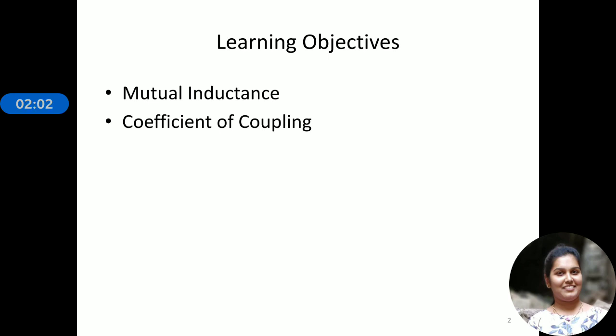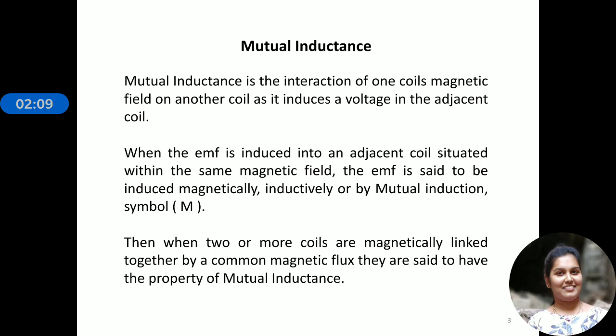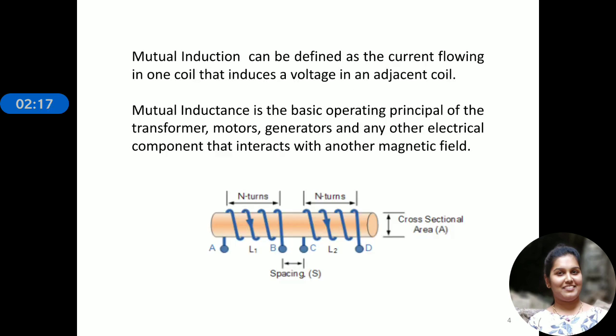In today's video, an additional version of inductance will be discussed, that is mutual inductance. When an EMF is induced into an adjacent coil situated near the same magnetic field, the EMF is said to be induced magnetically, inductively, or by mutual inductance.